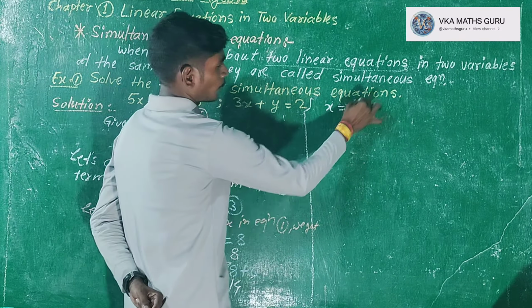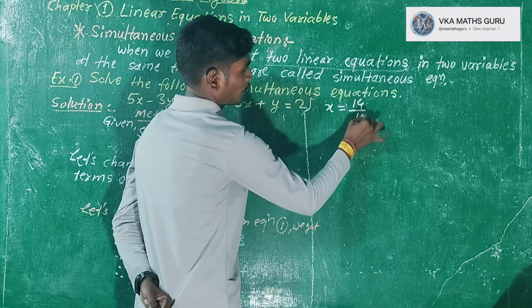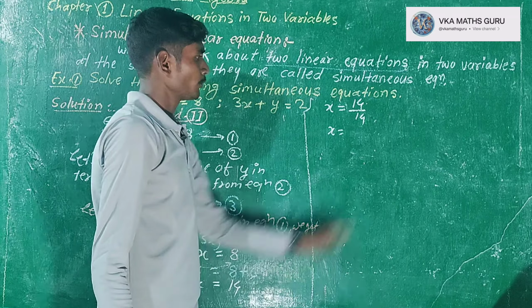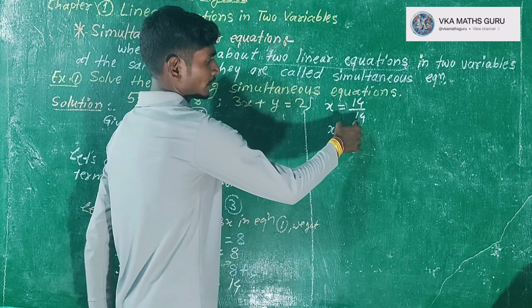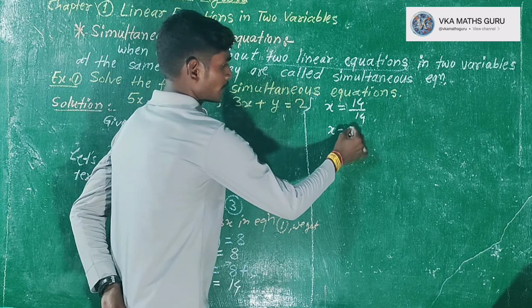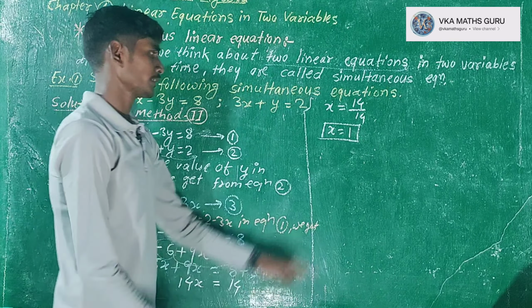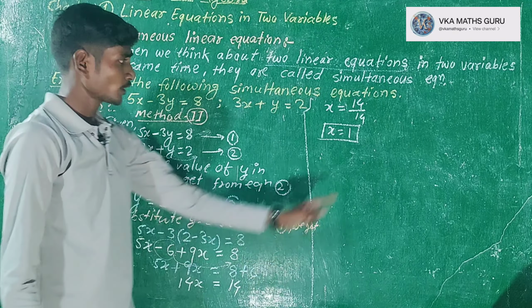That means 14 divided by 14. On solving this, we get 14 ones are 14. So x is equal to 1. So now we get the value of x equal to 1.